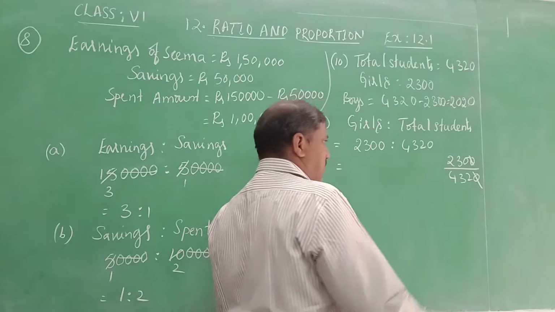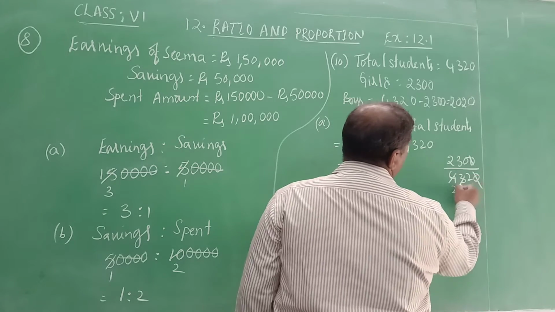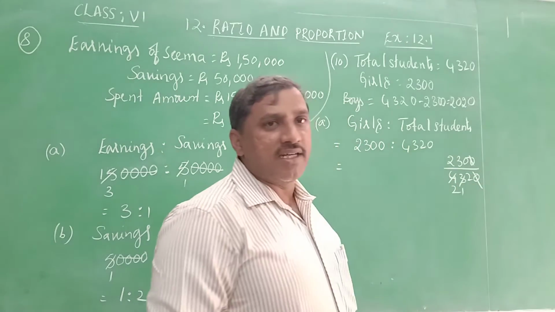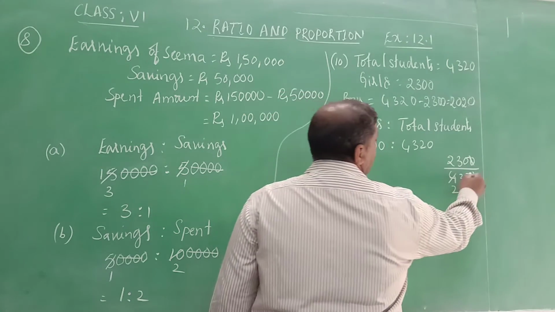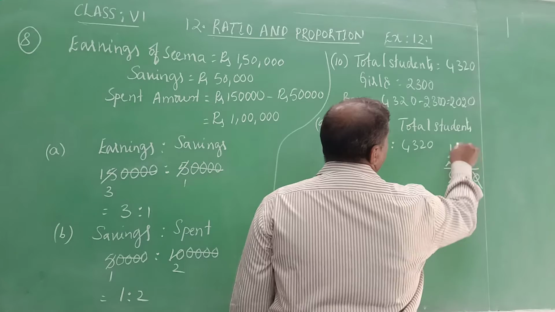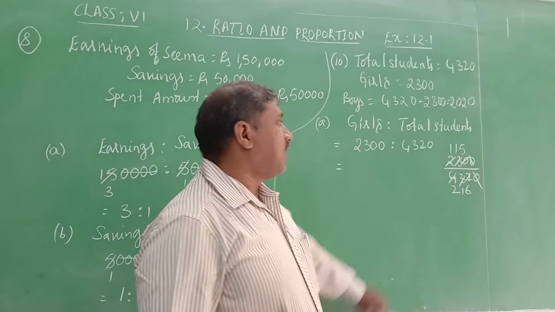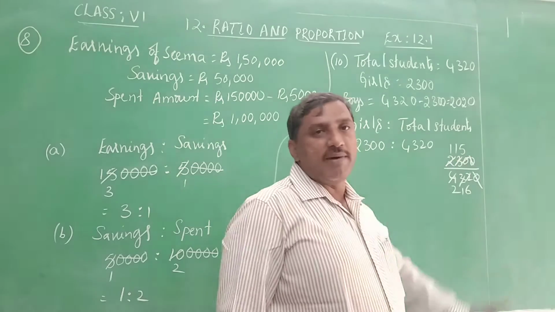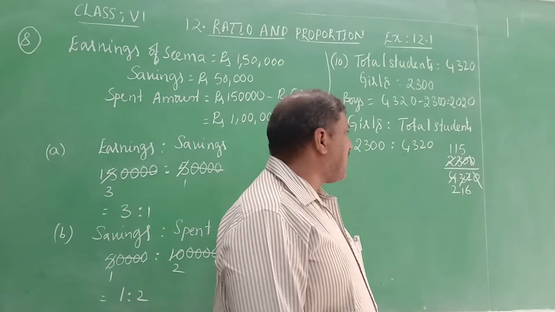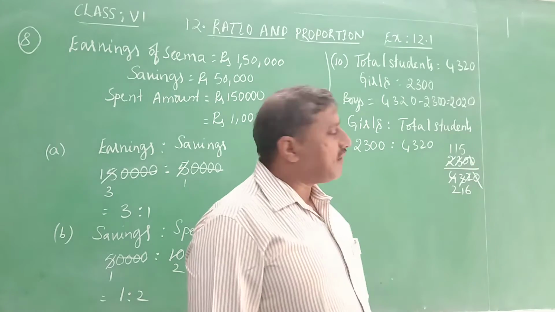Now both are divisible by 2. 2 2s are 4, 2 1s are 2, 3 minus 2 is 1, bring down 2, 12, 2 6s are 12. And this is 2 1s are 2, 2 1s are 2, 2 5s are 10. Now this is not divisible by 2, so check whether it is divisible by 3 or not. 1 plus 1 is 2, 2 plus 5 is 7, not divisible.